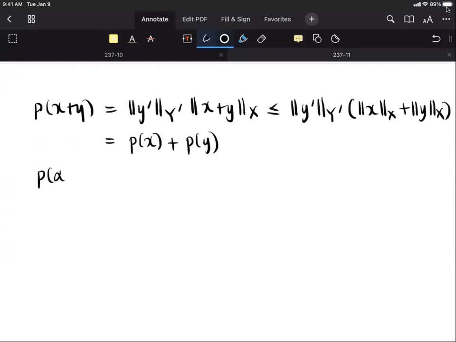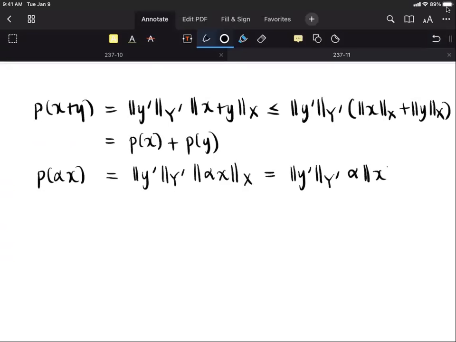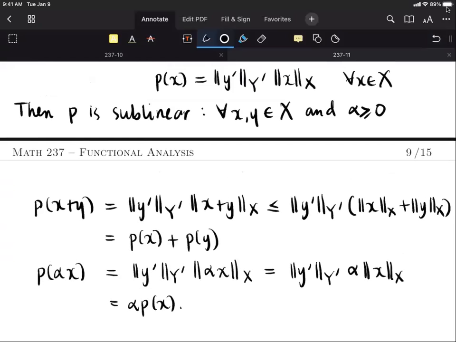And also for a non-negative scalar, we can pull out the scalar. Since it is non-negative, we don't need to put the absolute value. And this is basically alpha P of x. So that proves the sublinearity of P.